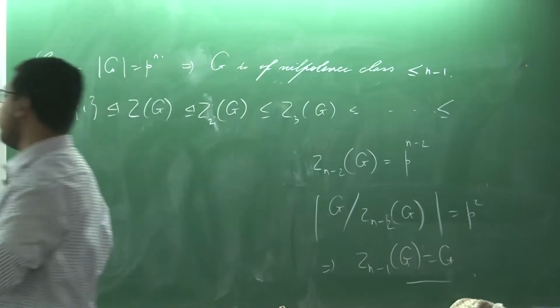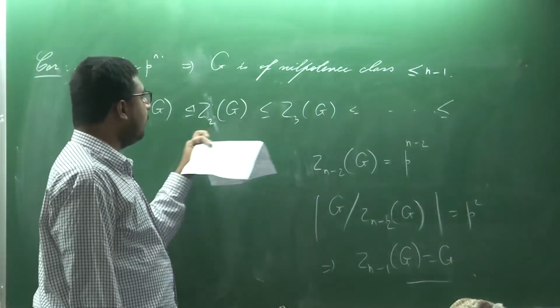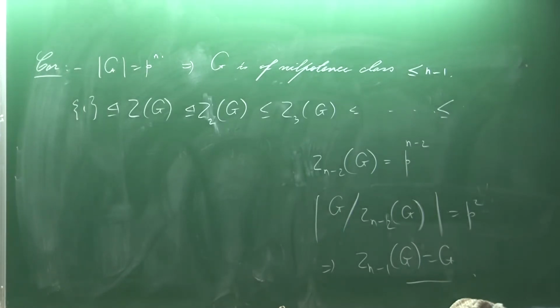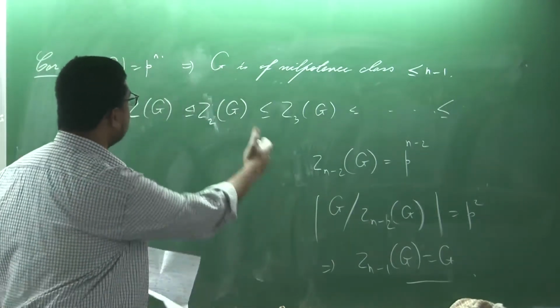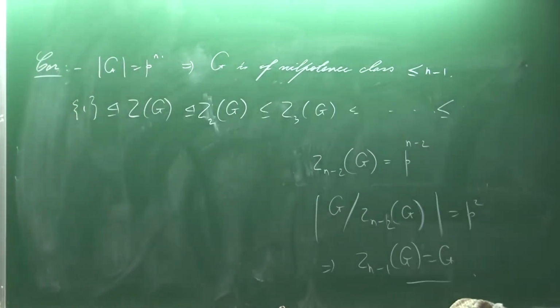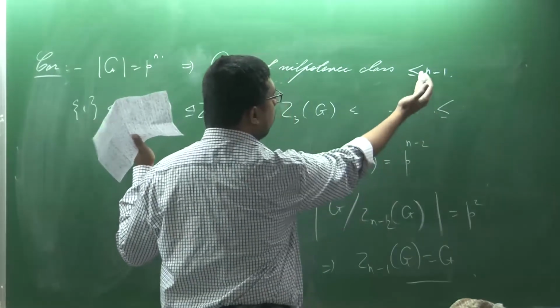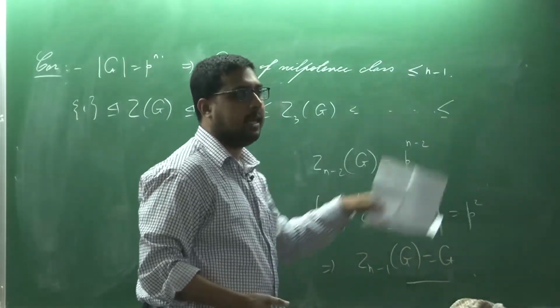Let me slightly repeat this. In this upper central series, the order at every stage has to increase by at least a factor p. If from some step to another step the order increases by p square or some higher power of p, then certainly we will achieve G before n minus 1, before this step.